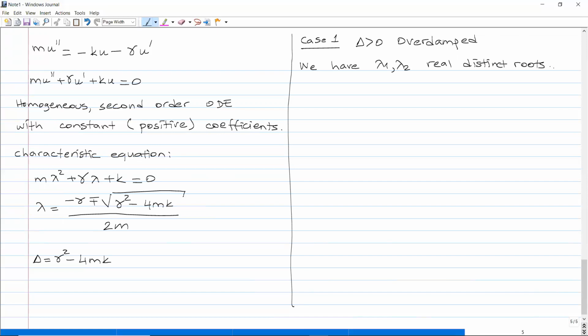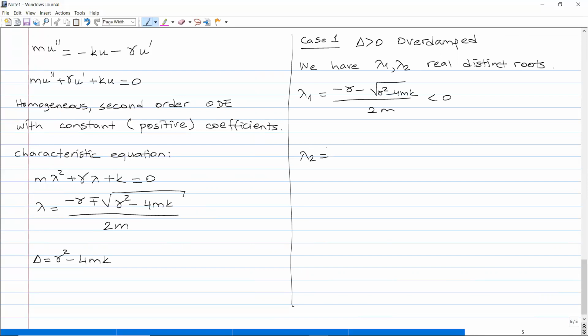Now, note that lambda 1 is going to be minus gamma minus the square root over 2m. So this is negative. Remember, all the constants, m, k, gamma, are positive. We have minus gamma minus the root, that's negative.